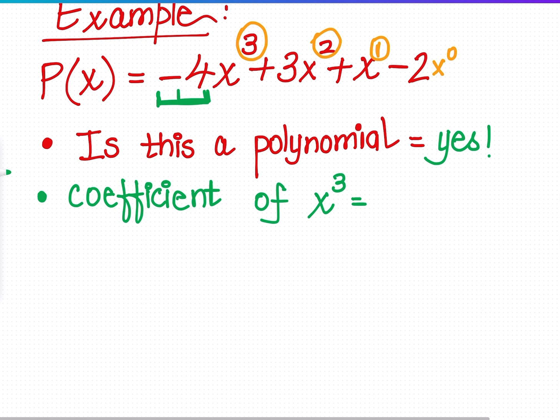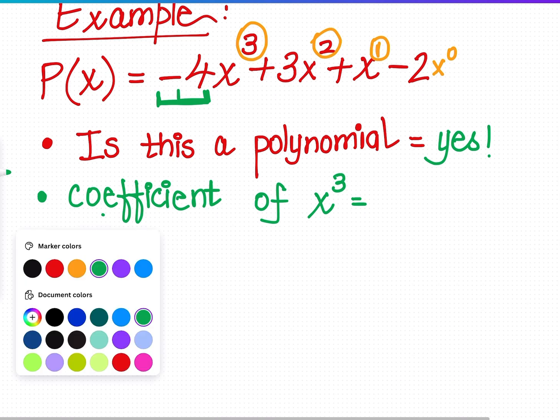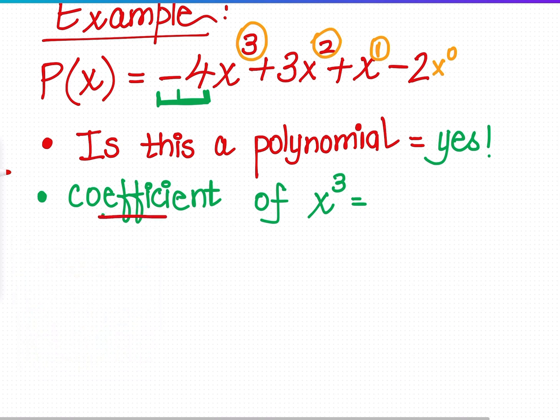That's important. How I take a look at it is, coefficient has the word efficient in it. So it is somebody who's efficient, and they are before x cubed because they are so efficient. Just to help you remember. Hence I can say that the coefficient of x cubed is -4.